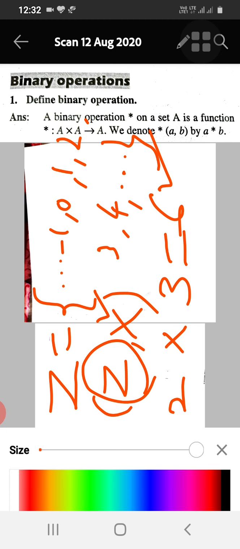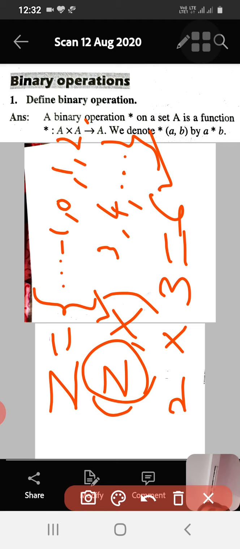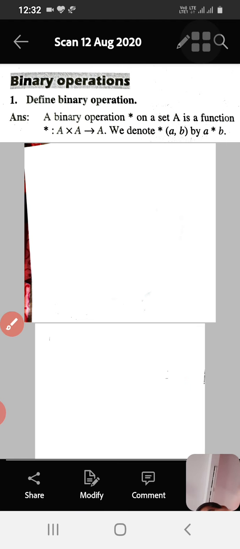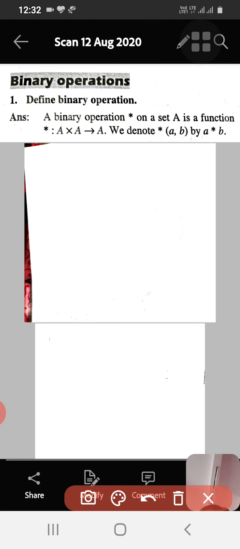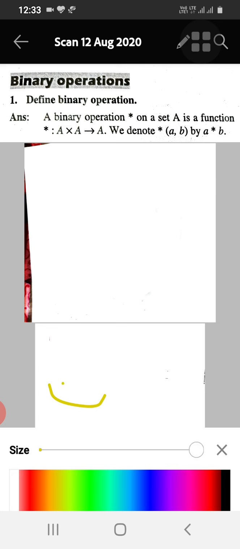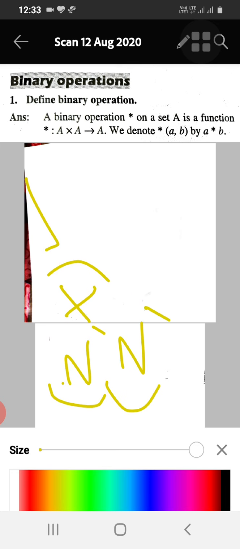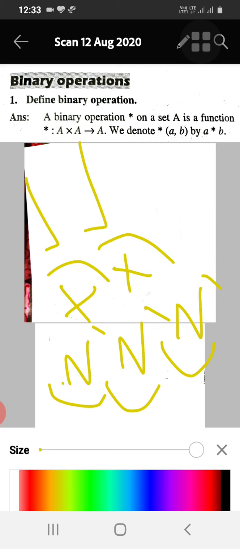So what is my conclusion? My conclusion should be Z on multiplication is binary. Of course Z on addition is also binary. Z on subtraction, you can check yourself, is also binary. So in all these three cases, star will be binary. What is the other thing left out here?